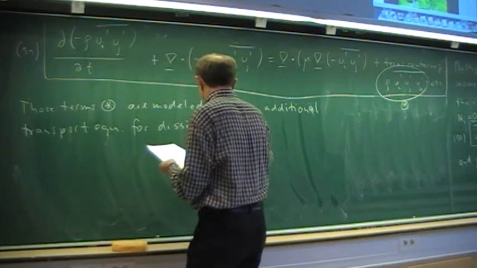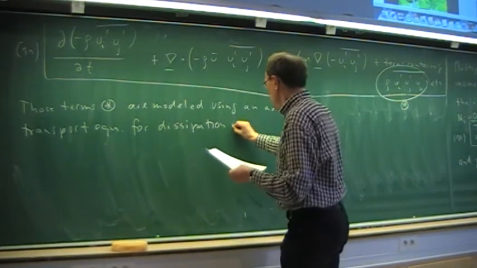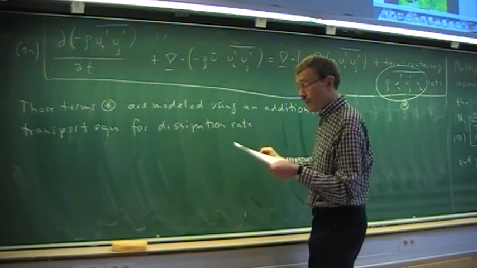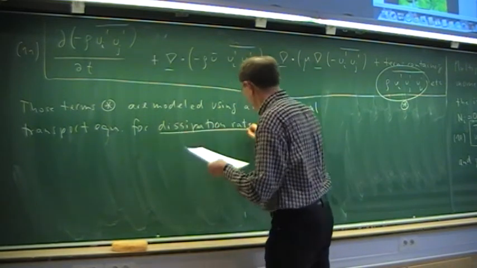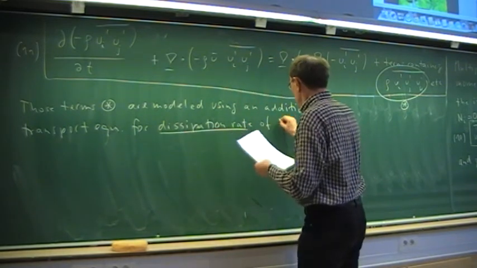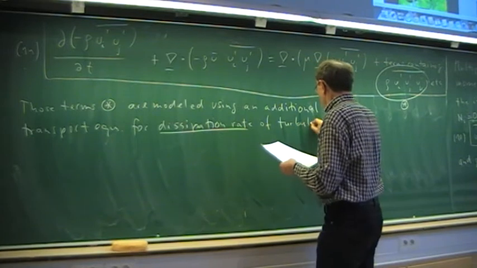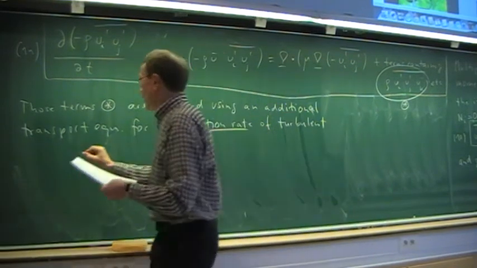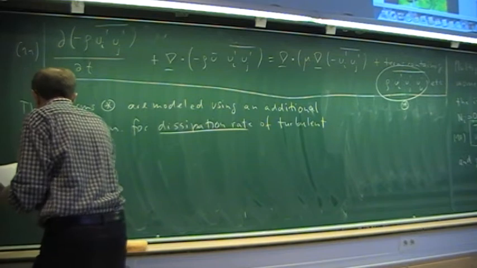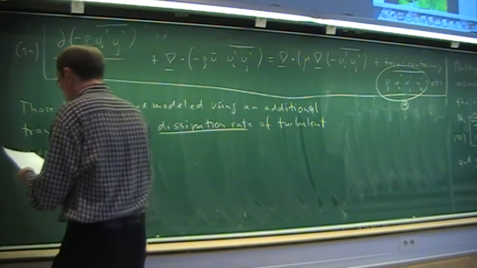That is the one that we saw in the definition of the Kolmogorov microscale of turbulent energy. And that is the following.